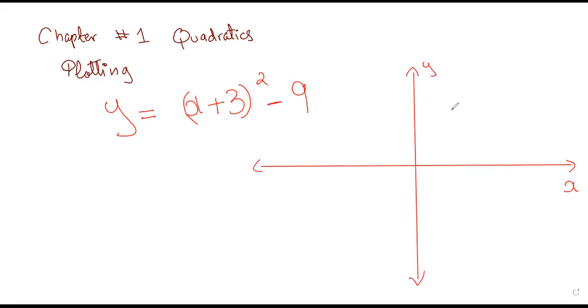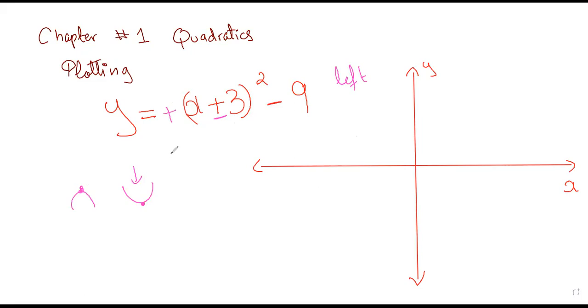Again, we are adding something to x. So our minimum point or maximum point, like this point or maybe this point, will move 3 units to the left side. Since this is a positive sign, it would be a U-shaped curve. Okay?